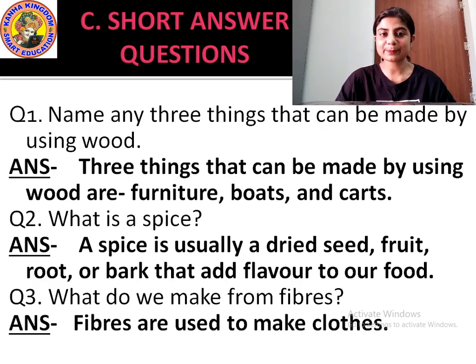A spice is usually a dried seed, fruit, root or bark that adds flavor to our food. Question number 3. What do we make from fibers? Fibers are used to make clothes. Okay?